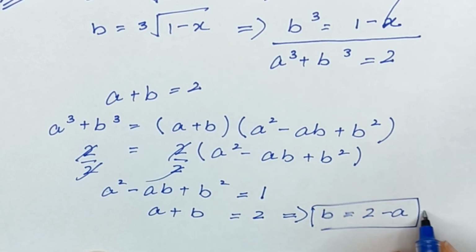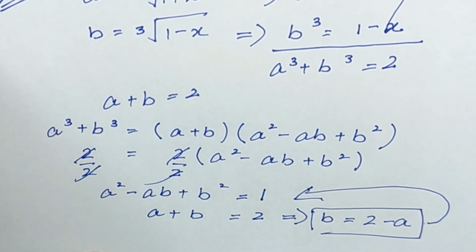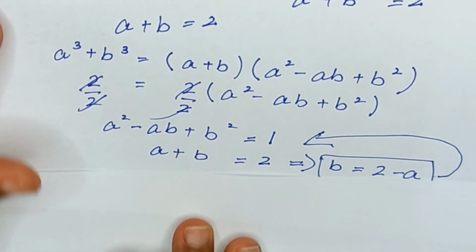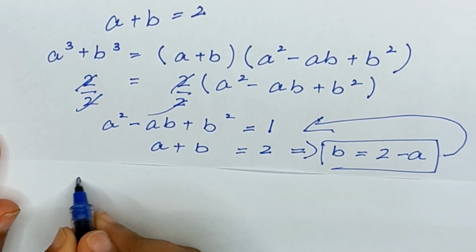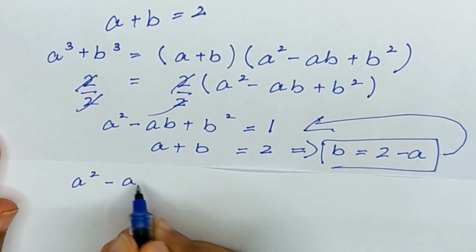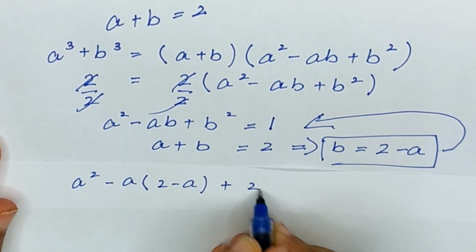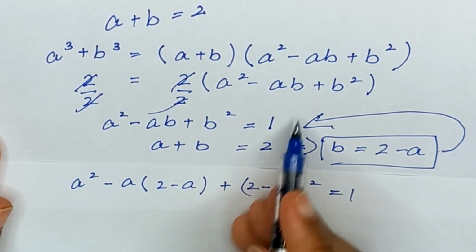If I find the value of b from here, it is equal to 2 minus a, and substituting this value of b here, I can get the value of a. Since b is 2 minus a, it will become a square minus a times 2 minus a plus 2 minus a whole square, and it is equal to 1.